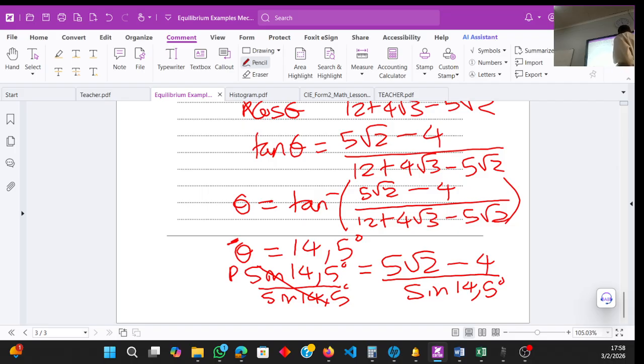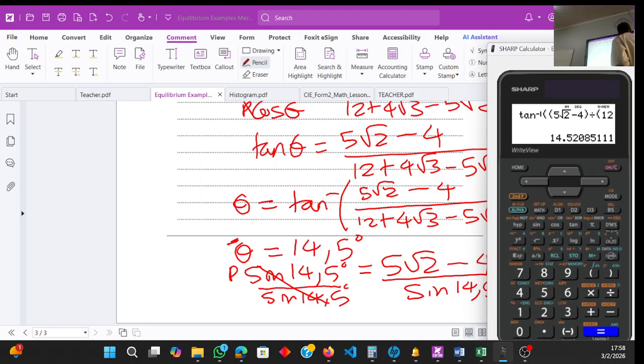I can now bring my calculator. For my top part, if I want P equal to, I can put it inside one bracket: 5 root of 2. I move out of the root sign, minus 4, close the bracket, divided by sine 14.5.